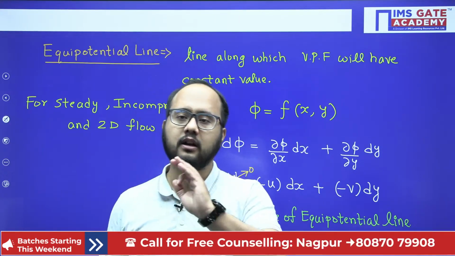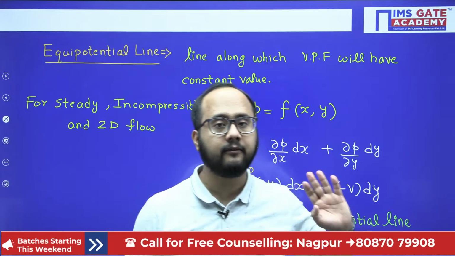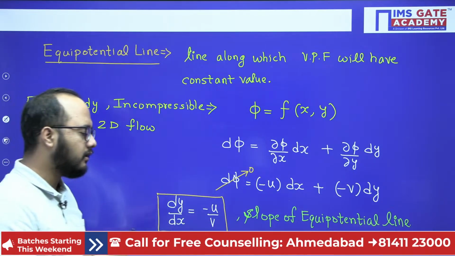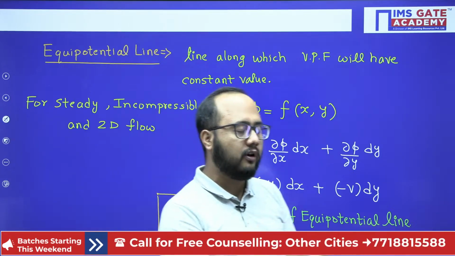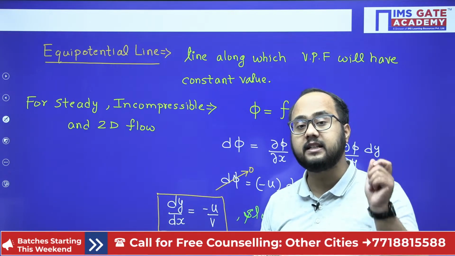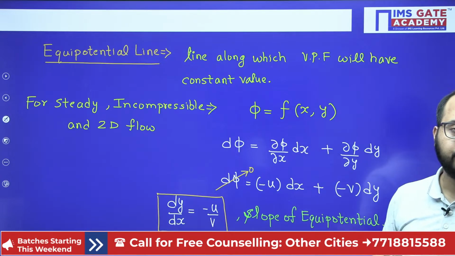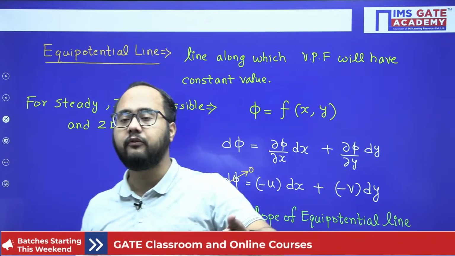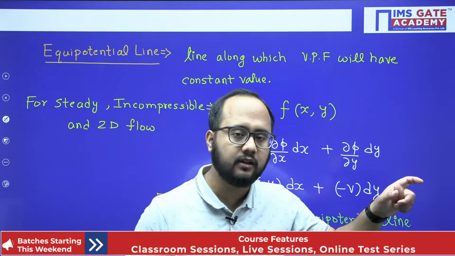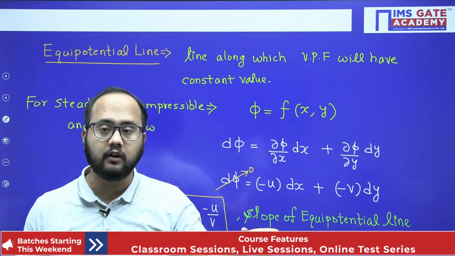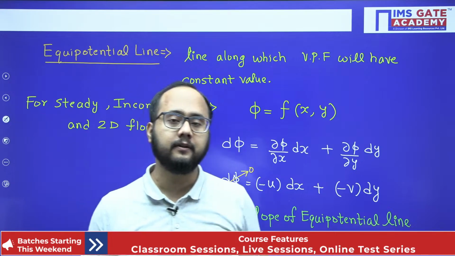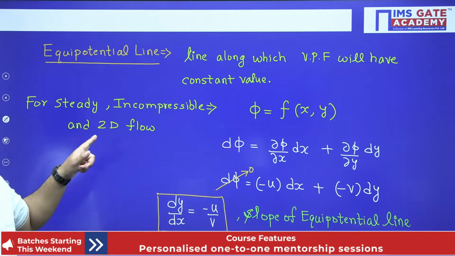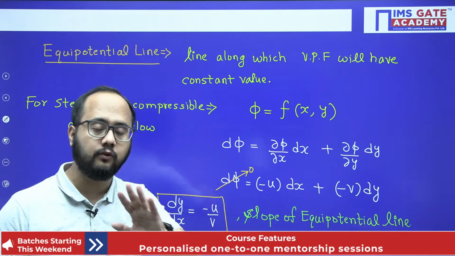Very simple point. And if someone asks what VPF will represent, you will say it represents steady, incompressible and irrotational flow. That point is also important because in the starting we have taken an assumption, a condition in which steady flow and incompressible flow will be there. And this slope is valid when we are taking the 2D flow case.